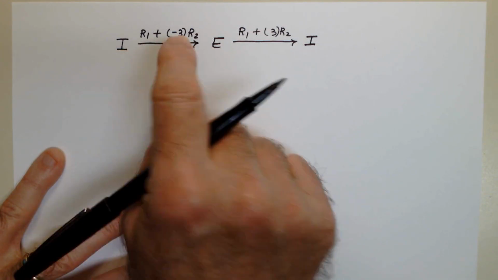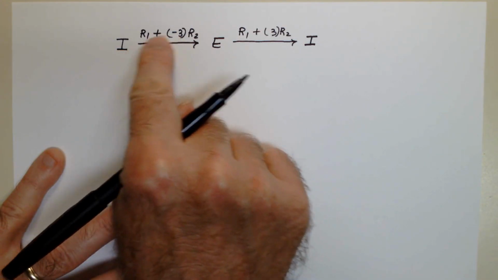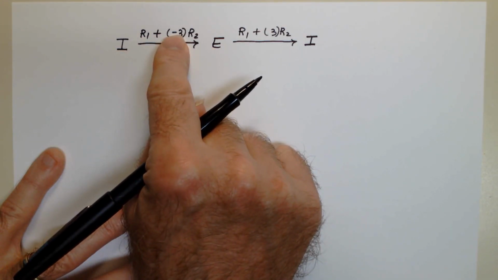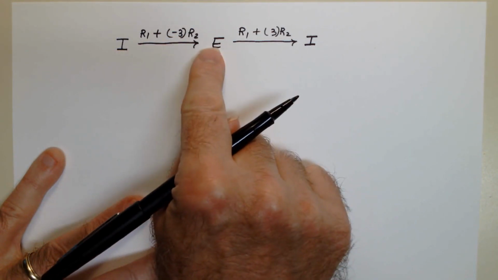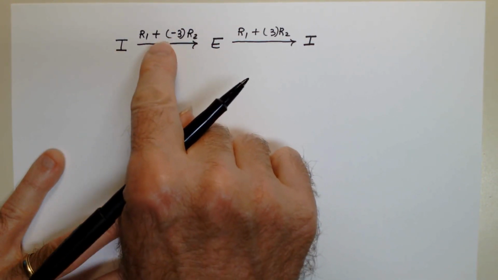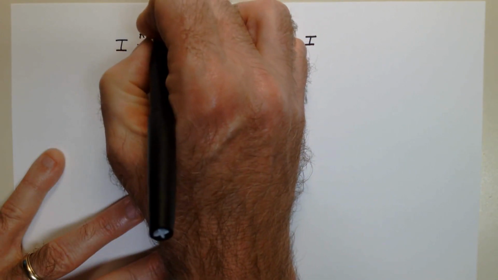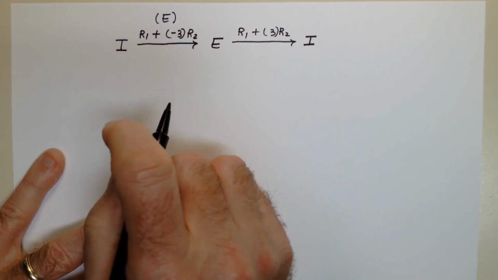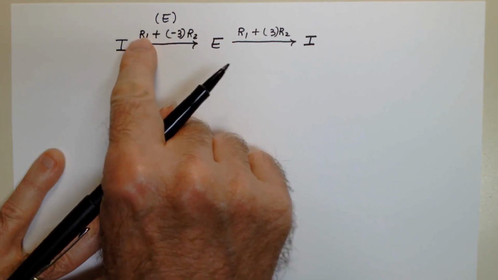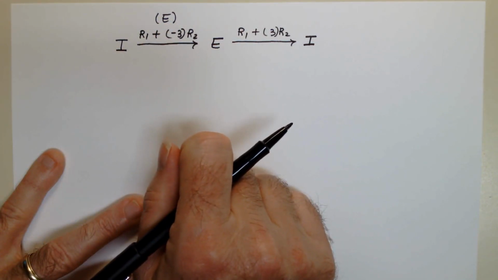It's the elementary matrix I get by applying this operation to the identity matrix. But we already have a name for that. That's called E. So above this row operation, I'm going to write the matrix E, indicating that multiplication by E on the left has the same effect as this row step.